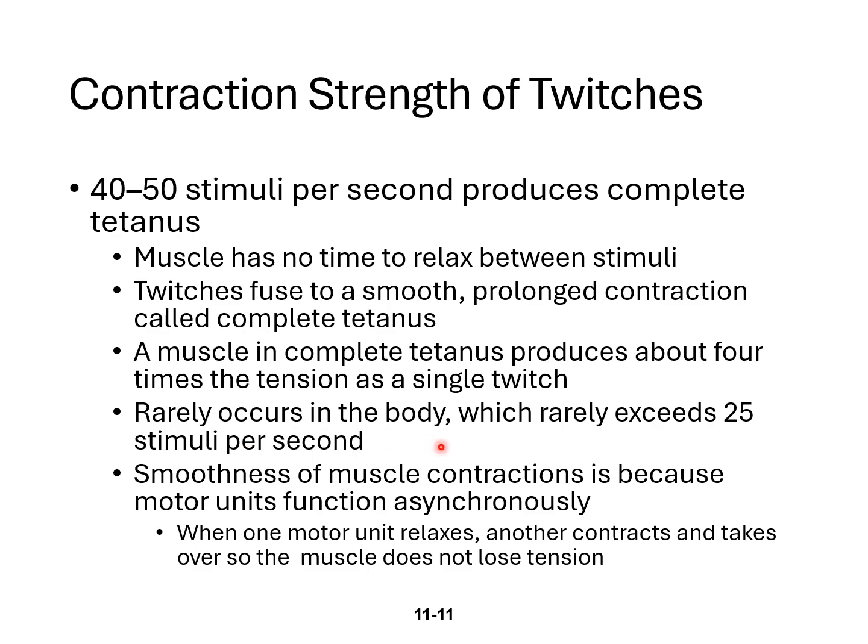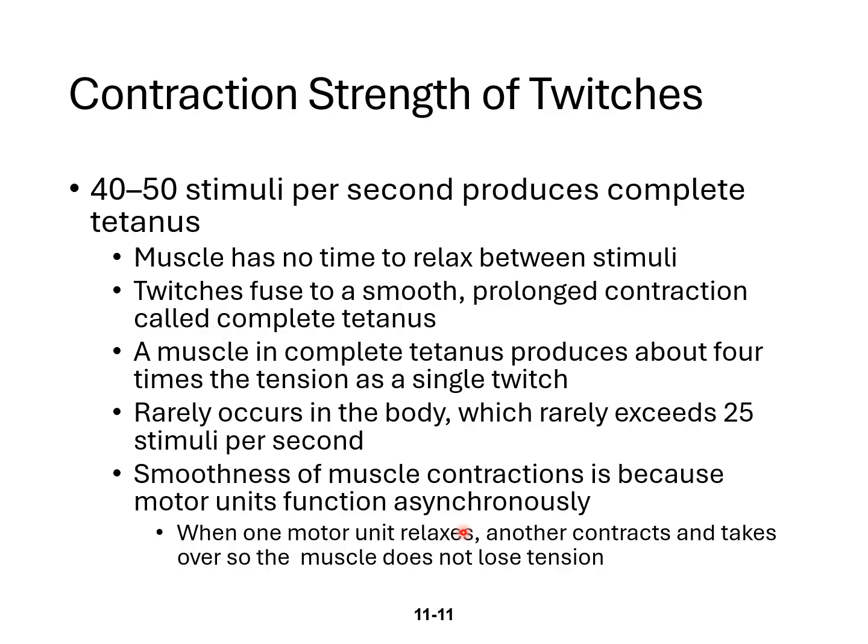This rarely occurs in the body, which normally rarely exceeds 25 stimuli per second. Sometimes the smoothness of the muscle contraction is because motor units function asynchronously, and this is when one motor unit relaxes, another contracts and takes over so the muscle does not lose tension.